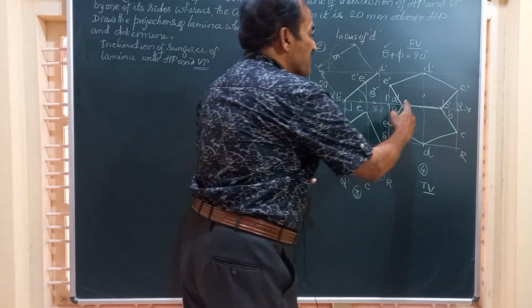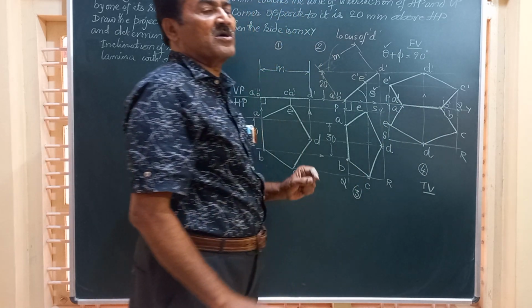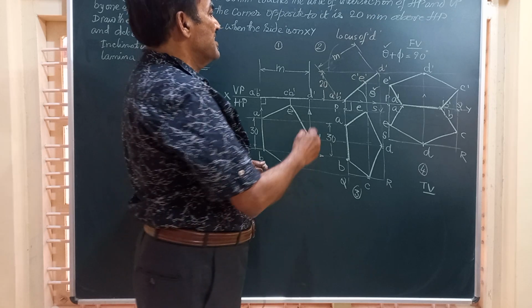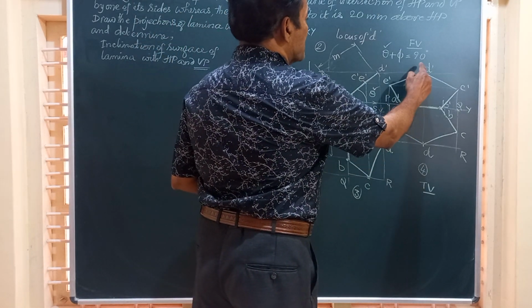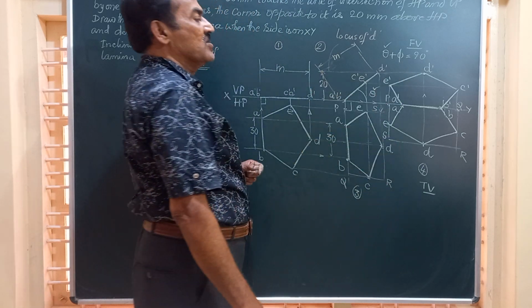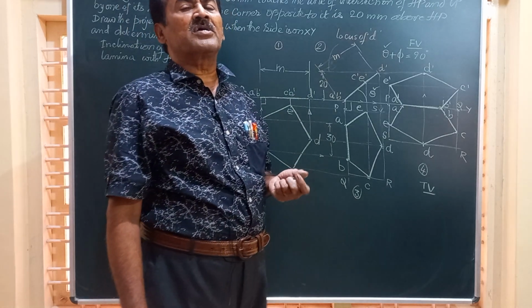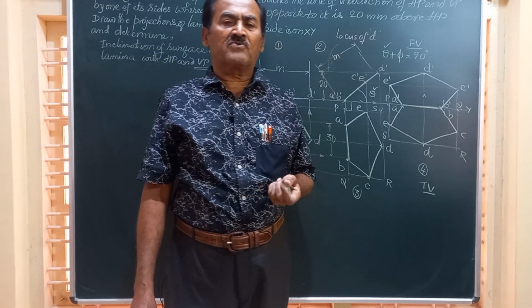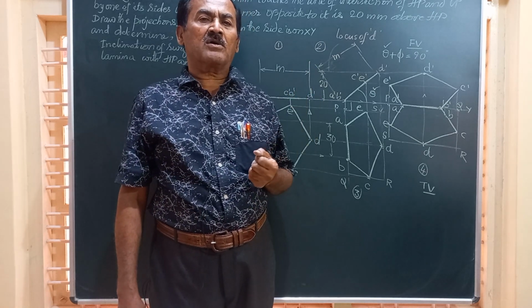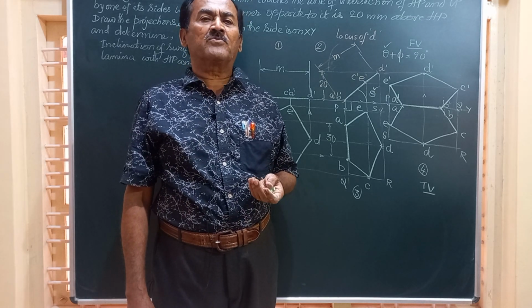Hence, you see the front view A dash B dash and the top view they coincide because that becomes a common edge for both top and front views. And the corner opposite to that is D, and that D is at a distance of 20 millimeter from the HP. And hence, the solution we have got is completely correct.